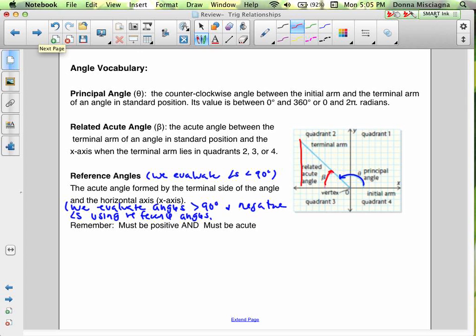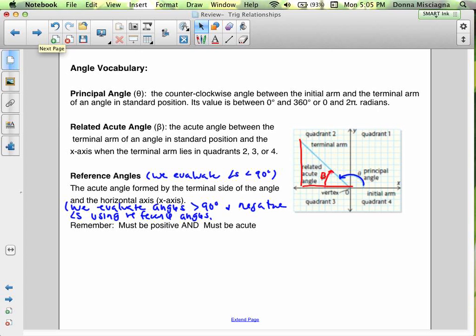And so notice that the x-axis is going to form one side when we create a reference triangle, and the terminal side of our angle is going to create the other. Right? And now we can measure that new angle and use that new angle to evaluate trig ratios for our angle, because that new angle is inside a triangle.